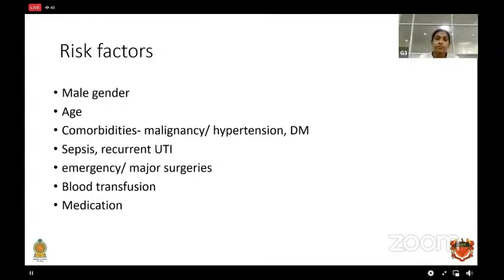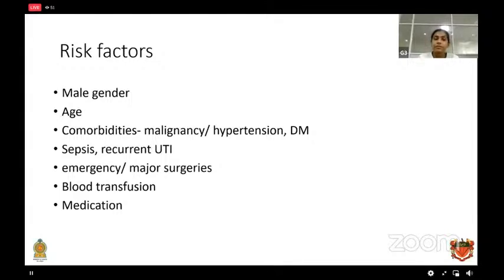Those patients are critically ill, so they are vulnerable. Major surgeries mean intra-abdominal major surgery or intrathoracic or any other complicated surgery. There will be fluid shifts, a lot of drugs are given, and various things can happen. So they are vulnerable.